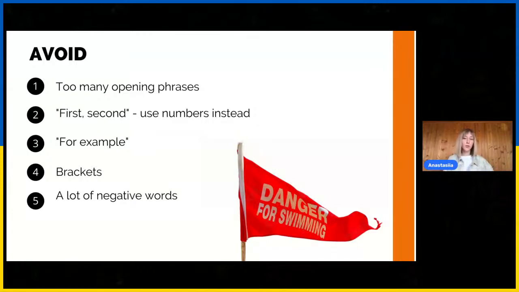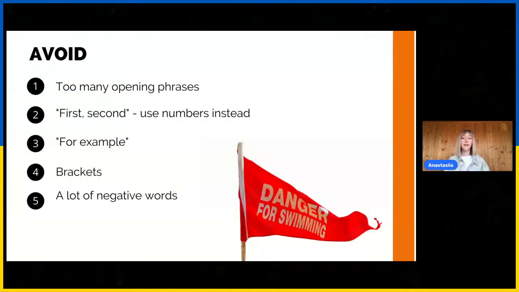If you use too many opening phrases, it just makes the text more complicated, and a person will not get the idea of your text, because the attention will be distracted by a lot of unnecessary words. So 1 or 2 opening phrases are okay. If more, you should really think if it's really necessary, or you can avoid many of them.